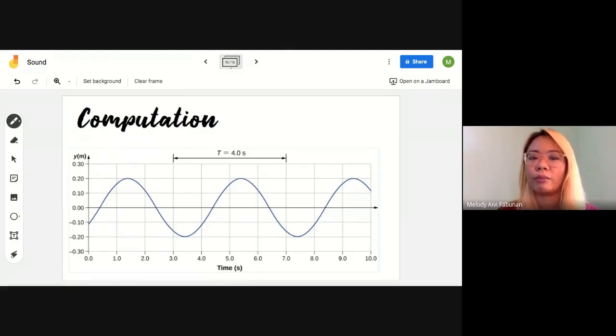So anybody from the class can tell me what is the frequency of this sound? Anybody? Ano ang frequency nitong ating sound na to?